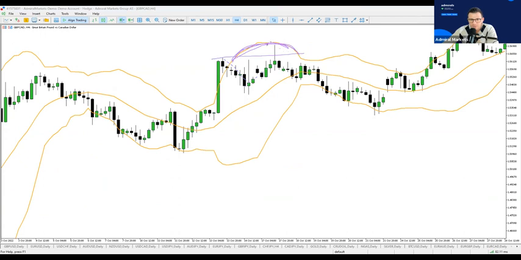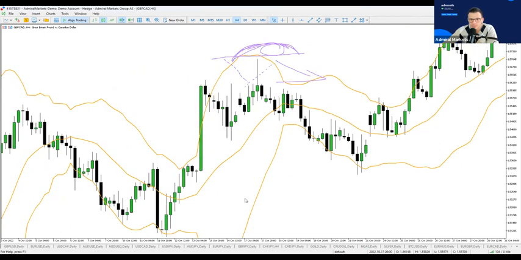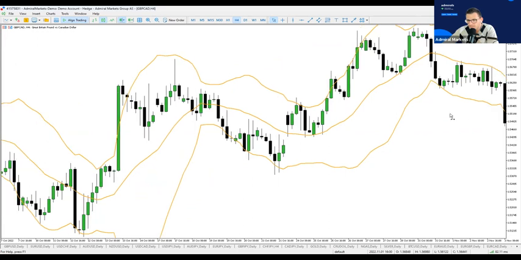Double top, rejection, can initiate a short trade, boom, there you go. This one here, look at this. Price retraces. It comes all the way up. The band makes this curve, followed by a reversal, double top, boom, to the downside.